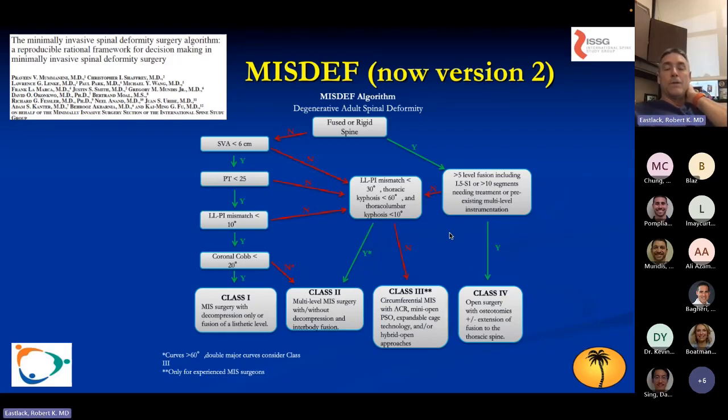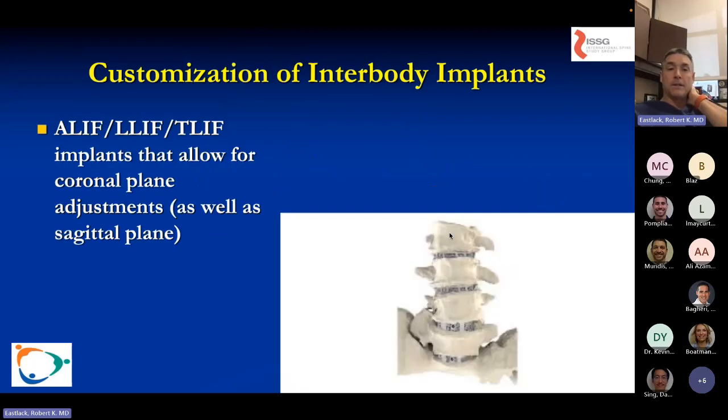There are algorithms here that you see. Believe it or not, we're working on a MISDEF3, but these are following this iterative improvement in technological advancements as well as our understanding, so that you can be a little more prescriptive in where you apply MIS deformity surgery in your practice. And customization of interbody implants will probably make this a little easier in the end.